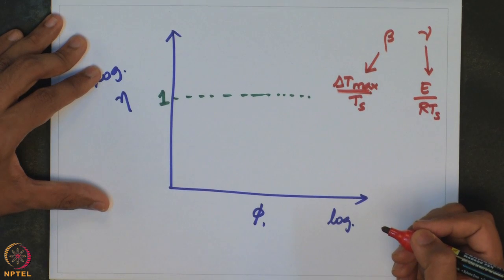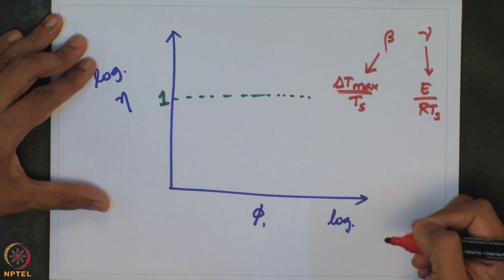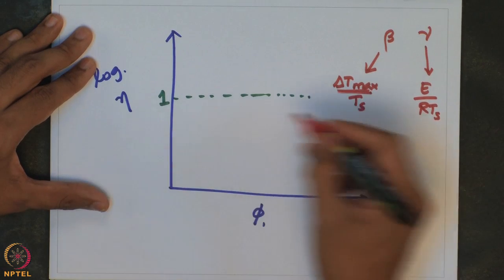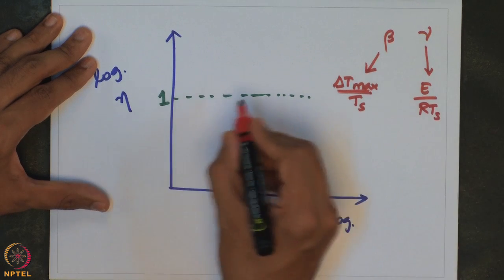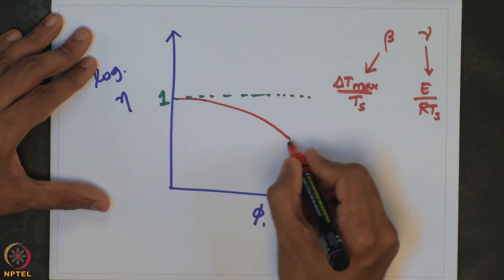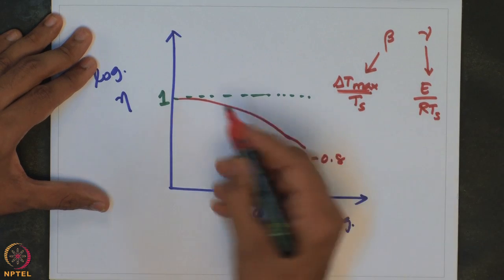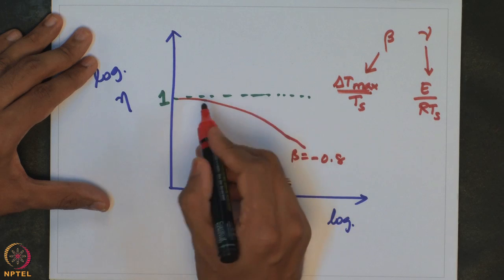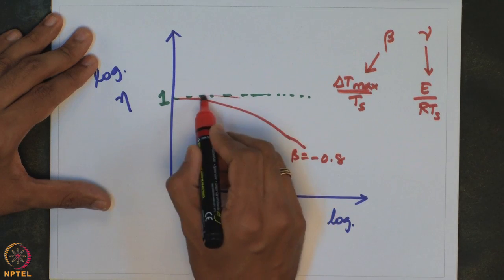So, if I now sketch the effectiveness Thiele modulus relationship for exothermic or endothermic reactions, then we will see that this is for beta equal to minus 0.8, and then we can have a situation where beta is equal to 0.